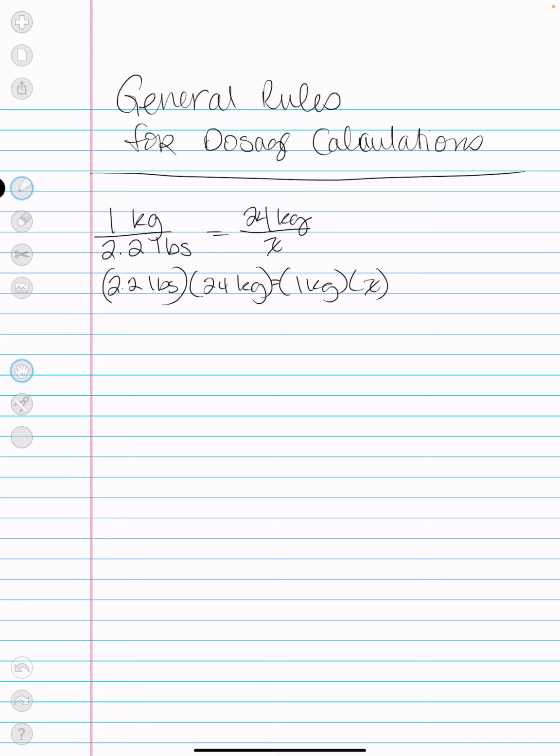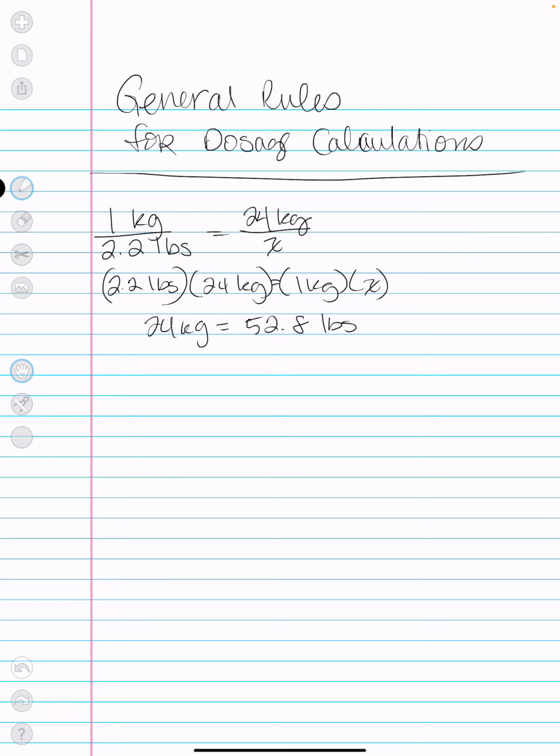You don't have to really worry about marking these things off, crossing through kilograms or pounds. You just know that X is going to be equal to pounds. So in this sense, you would say 24 times 2.2 is equal to 52.8 pounds. So 52.8 pounds is equal to 24 kilograms.